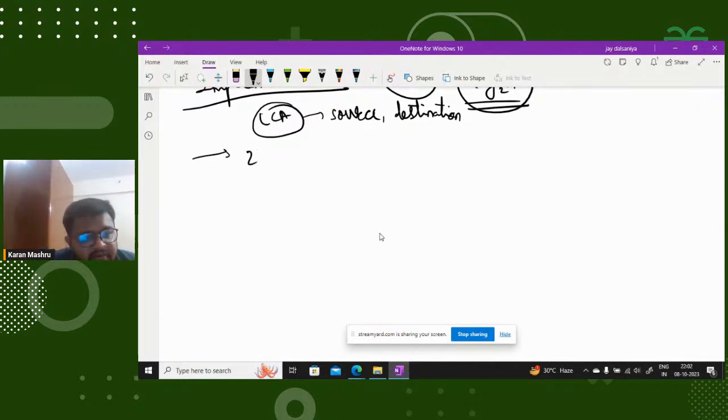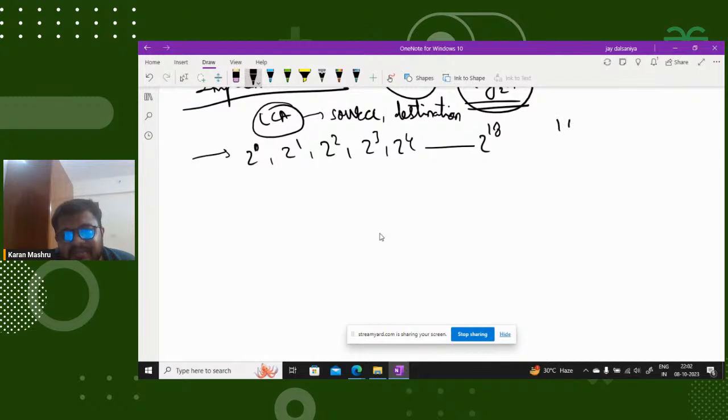So which are at level 2 to the power 0, 2 to the power 1, 2 to the power 2, 2 to the power 3, 2 to the power 4, and so on up till 2 to the power 18. Why? Because here N is less than or equal to 10 to the power 5, so there cannot be more than 2 to the power 18 level parents.